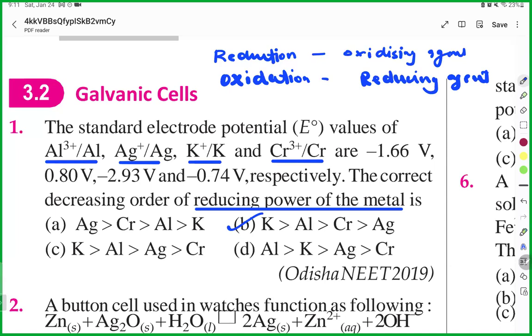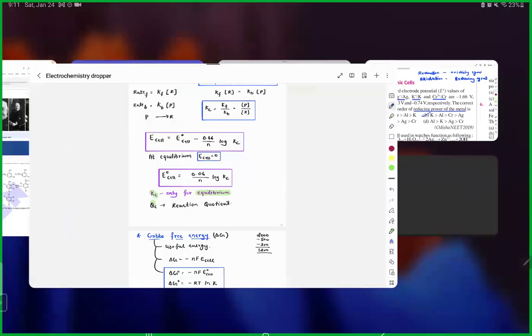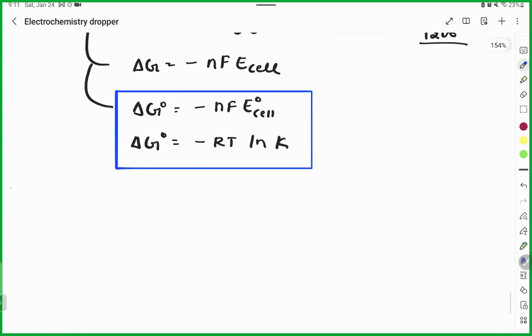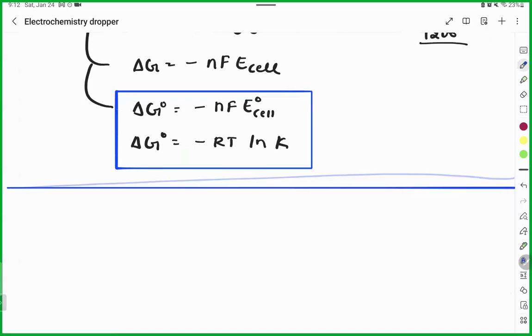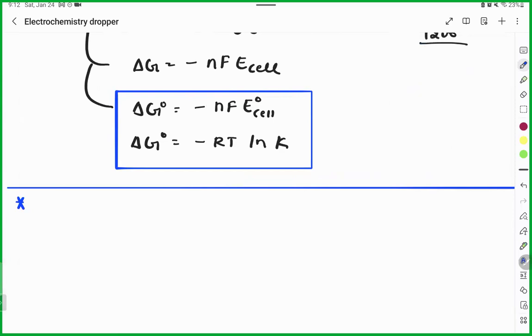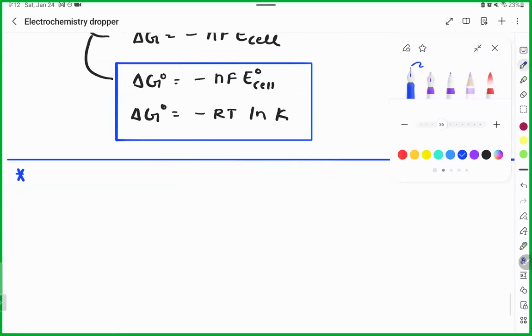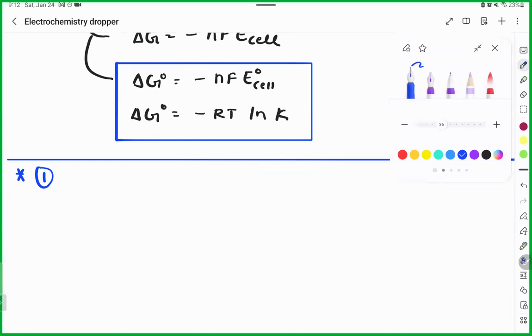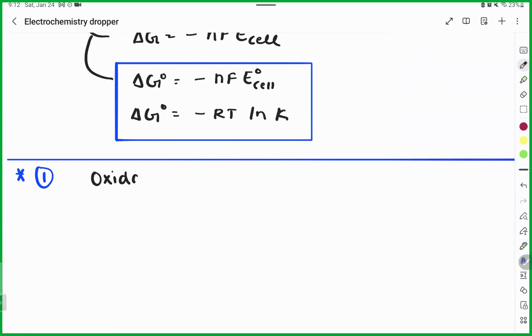Everybody understood, or should I explain this again? Yes, sir. Can you explain? Sure. We are starting questions now. So first you have to understand, Sarah, question number 1. If any element undergoes oxidation, it will cause reduction of the other element.